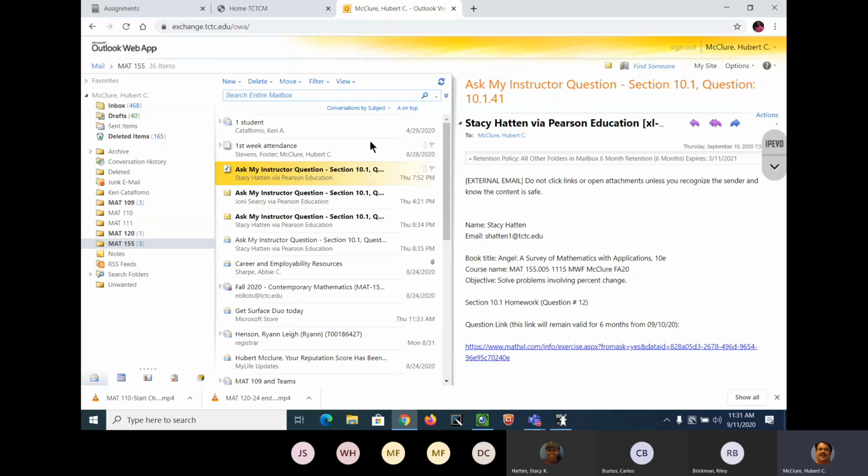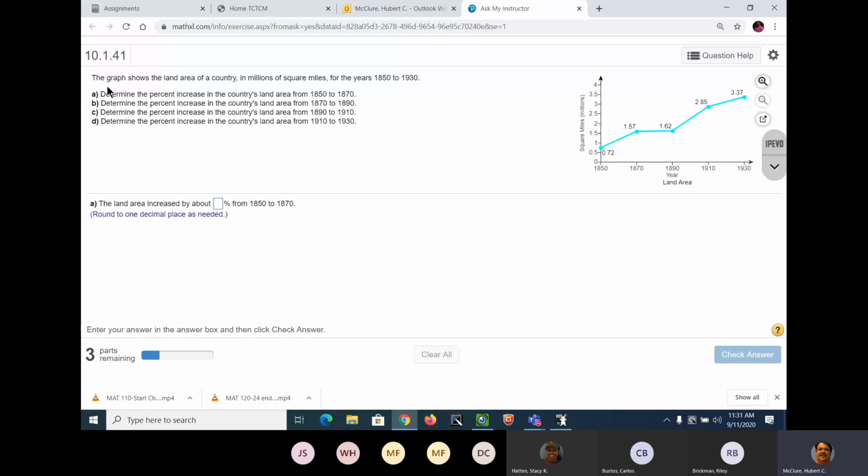This is 10.141/12. Determine the percent increase. Okay, let me show you what the formula is for percent increase or decrease. It's real simple, and I might have mentioned this to you before.